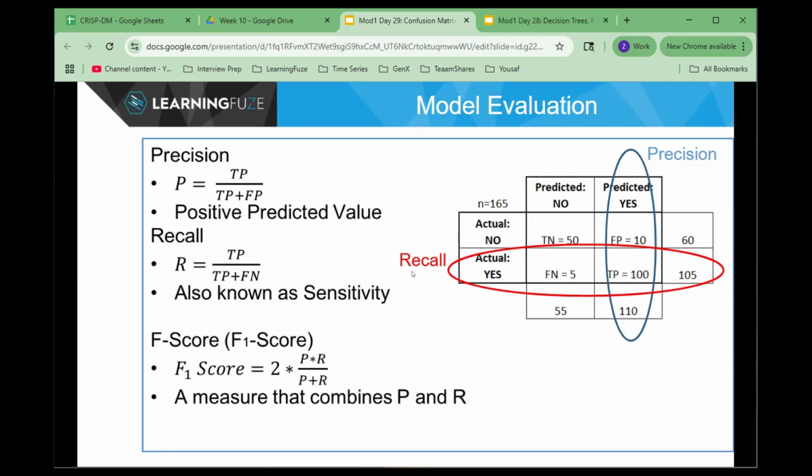But it's basically whatever makes it easier for you to remember these. Try to memorize these two formulas. That helps, because sometimes in an interview they might ask you what's the formula for precision versus recall.